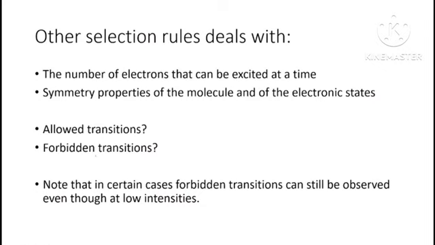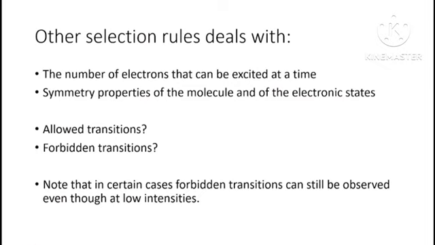For example, if an electron makes a transition and its spin quantum number ends up changing, or the transition changes the specific characteristics of the molecule, then we say that kind of transition is forbidden.